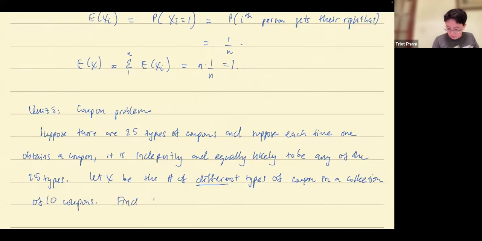Find the expectation of X. So that's the problem. It's called the coupon problem because it refers to coupons and things like that.